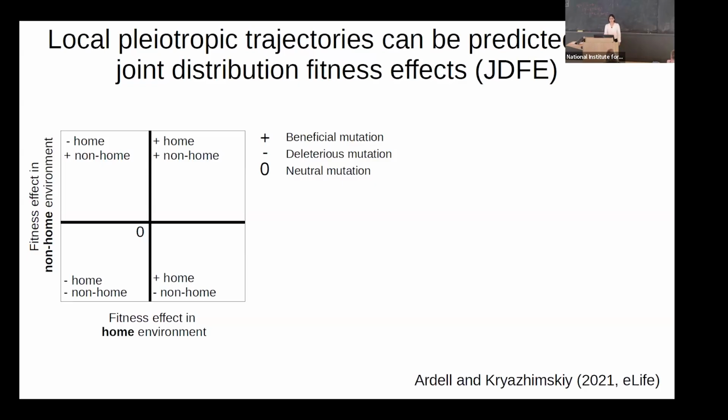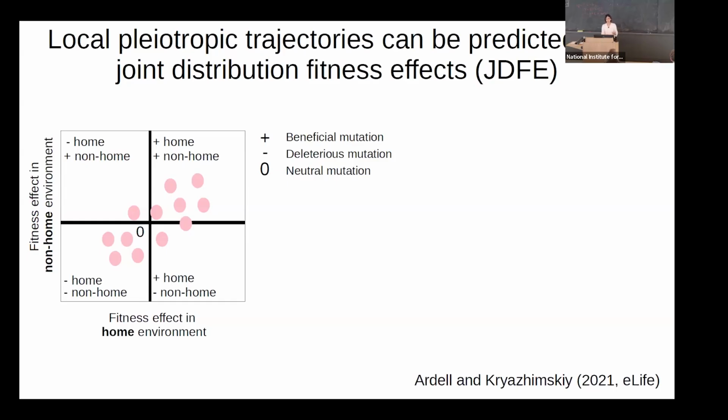Now if we take a genotype and measure mutations and how these change fitness in these different environments, you'll get something that looks like this. This is an example of a JDFE, in which mutations that are primarily beneficial in the home environment are also primarily beneficial in the non-home environment.